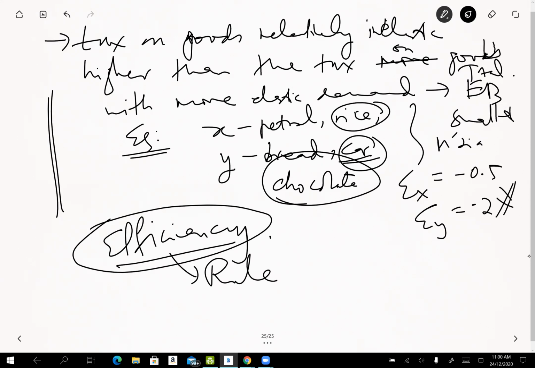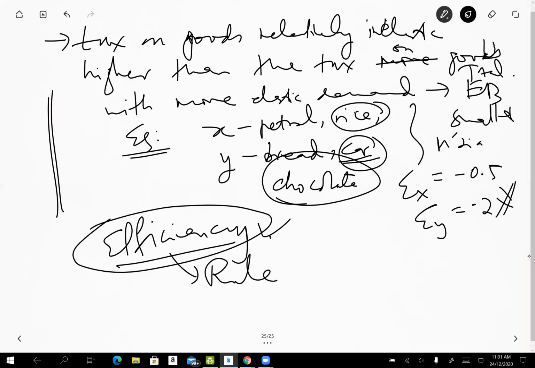So under the efficient tax system, you will tax goods that have lower elasticity of demand higher than the goods which have higher elasticity of demand. So that is just efficient.